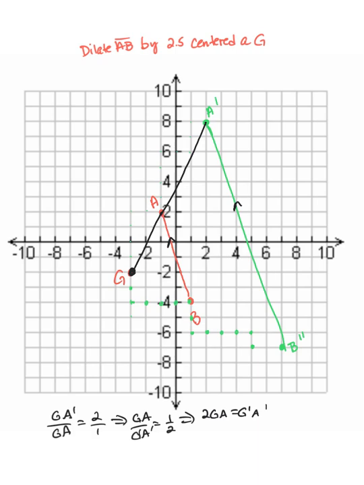This segment, if you use the distance formula, which you can pause and check if you want, the distance A prime, B prime, that distance is going to be 2.5 times the distance from A to B. And the distance from A to A prime is 1.5 times G to A.